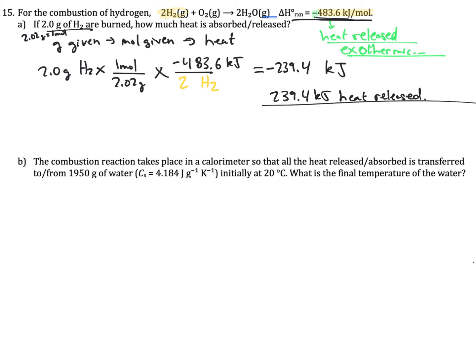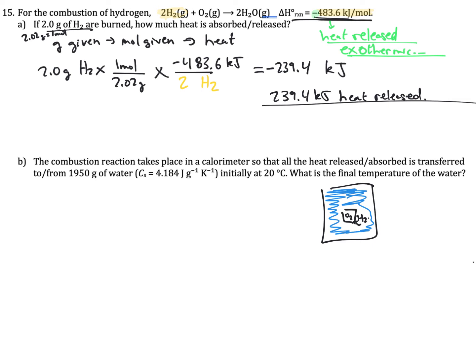Now we want to think about where is all of that heat going. In this case, I'm doing the reaction in a calorimeter. So maybe I have my H2 sample that burned, my H2 and O2 together right here. And then surrounding that is this big sort of vat of water, a couple of liters of water here. And remember, what was happening here was that this was an exothermic reaction.